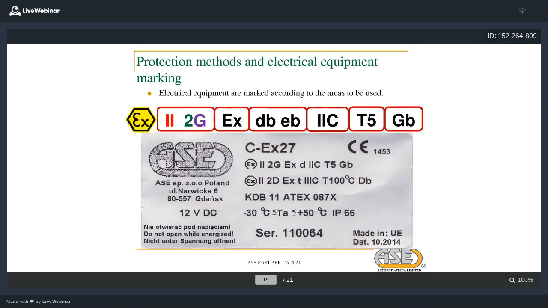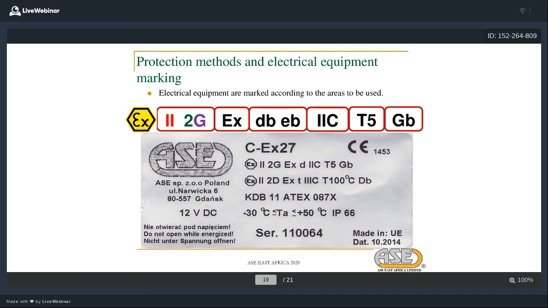So after knowing all this, let's say here we have a symbol or example of how these markings are made. So we have Ex.